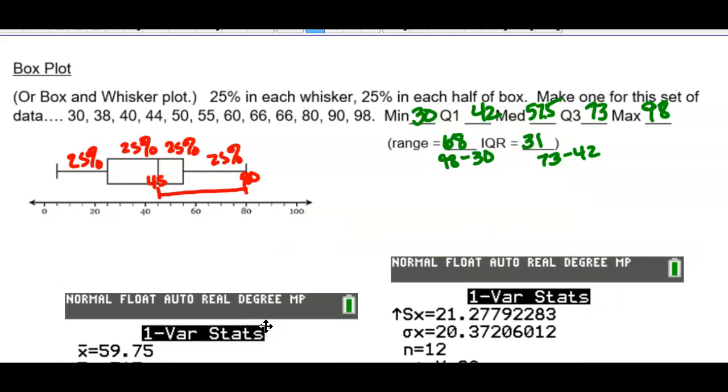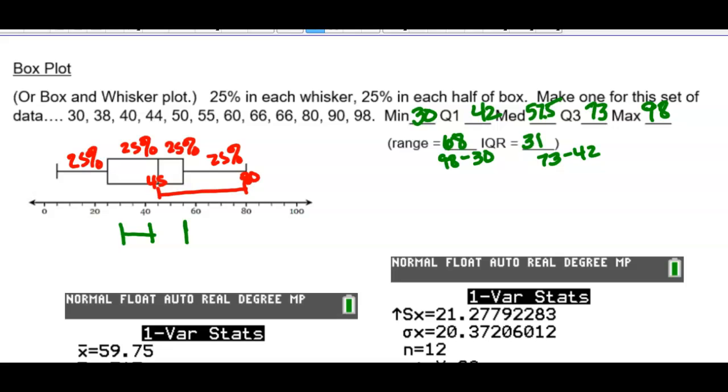Okay, so the last thing, you have to do a little project this week, and that project has you maybe draw a box and whisker plot if that's the way you want to display your data. And for this one, you would say the min was at 30, and then Q1 was at 42, which would be just past 40. And then the median was 57.5, which would be close to 60 up here.